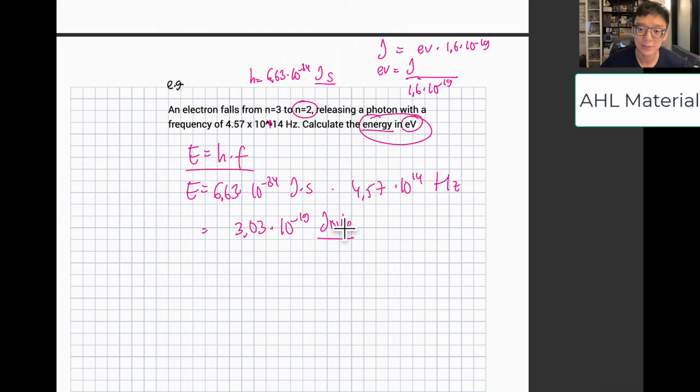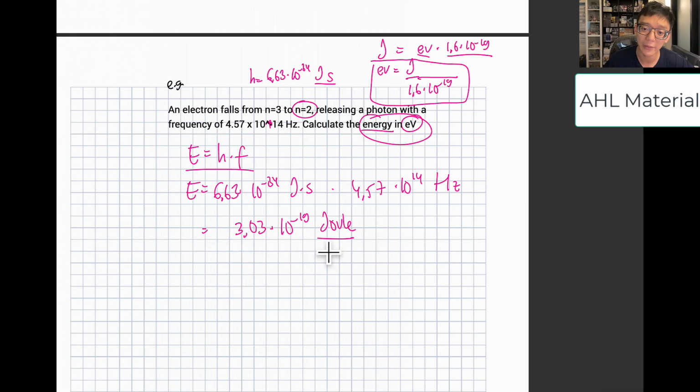The thing is that this is still in joules, and in order to get electron volts, we need to convert. If we have electron volts and want joules, you multiply the electron volts by 1.6 × 10^-19. But if we have joules and we want electron volts, then we divide. You must understand the relationship between these.